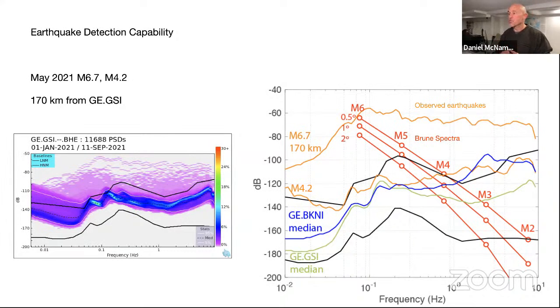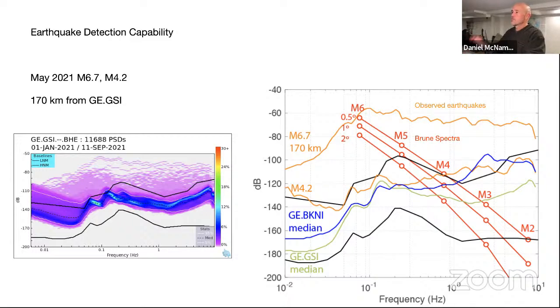If anyone's studied Brune spectra, you know what I mean. It's an amplitude modeling code written in the 1970s by Brune. It's for S waves. I've modified this to work for P waves by just making it a little bit smaller according to another reference by Anderson.